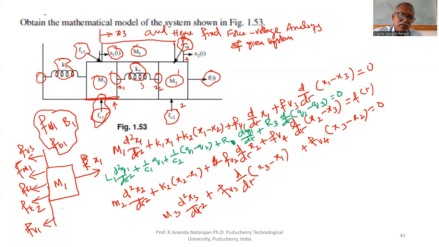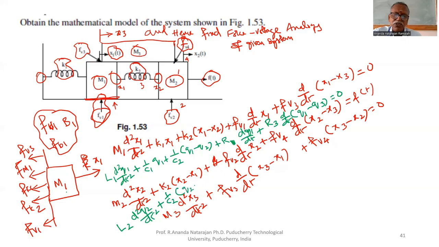For the second equation, L2 d square q2 upon dt square plus k2, 1 by c2. 1 by c2 we already wrote in the previous equation.